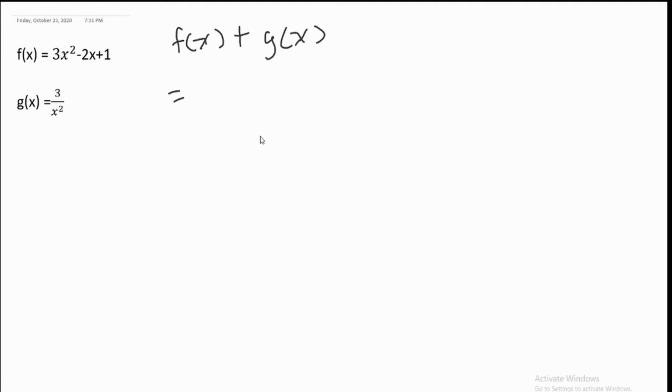You can do that yourself because you should be pretty used to how to do it with common denominators, right? You just multiply everything by x squared. So I'm just going to do this. Minus x plus 1 plus 3 over x squared. All right, that's number one.